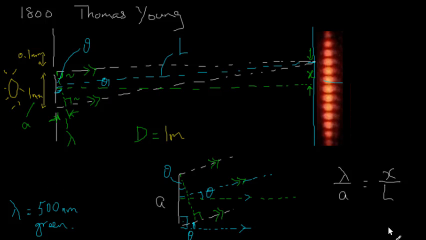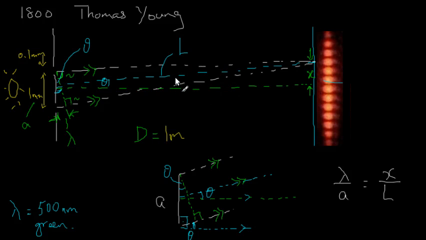It's fine, but I really like to relate it to D, the direct distance. L is a slanted distance. But what I can say is this: because this distance is quite big and I expect the fringe spacing to be quite small, L is actually nearly equal to D. You can see that the line L and the line D are quite close together.